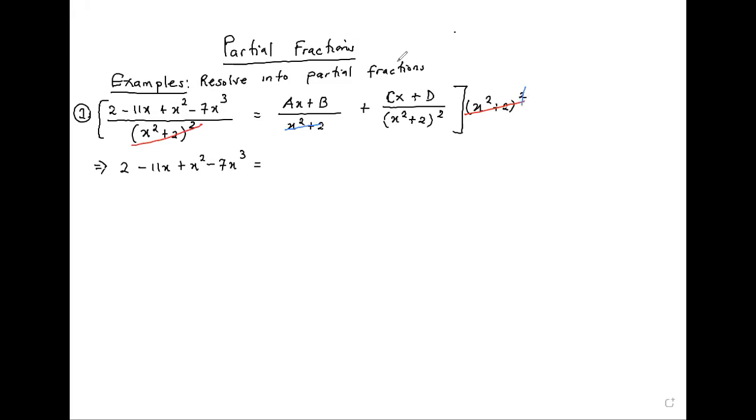So we'll have (ax plus b) multiplied by (x squared plus 2) plus this, and this whole thing will cancel. So there we just have cx plus d.